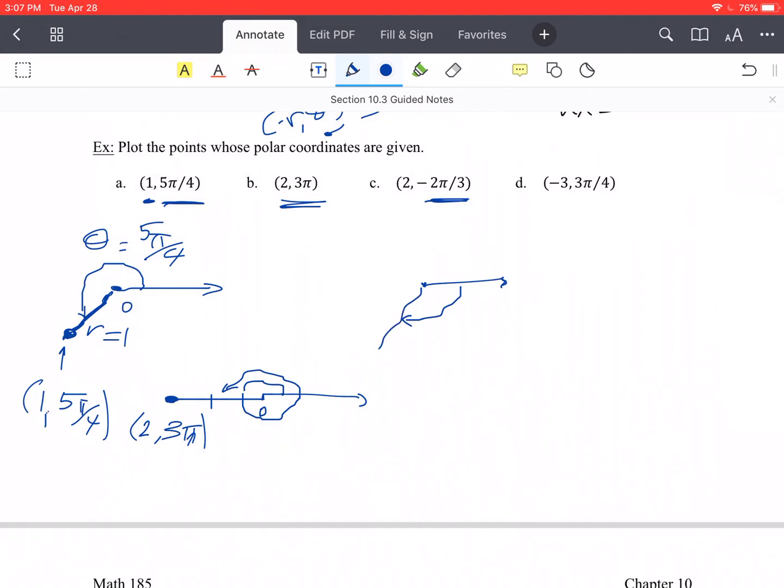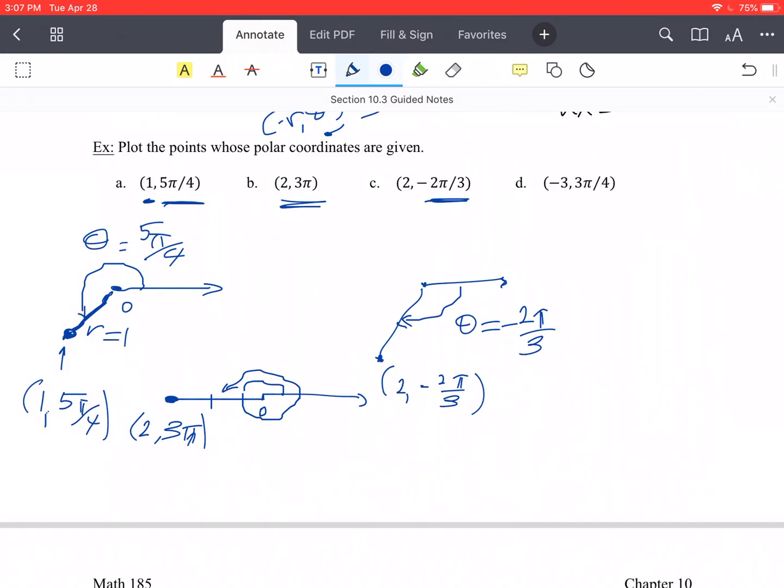So that's going to be right about there. And just try to imagine that that's a straight line. There we go. So, and again, this angle here is negative 2 pi over 3. And then this length is 2 units. So that's the point 2 comma negative 2 pi over 3.